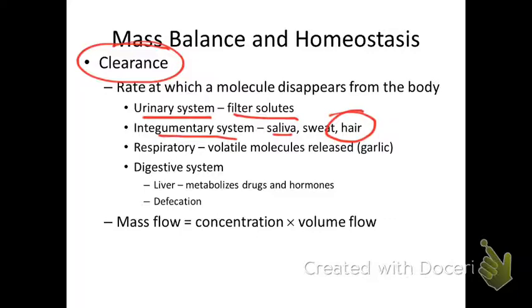So molecules are actually stored in your hair, and as your hair grows out, those molecules are, quote, leaving your body. If you've ever had a big garlicky meal, you know that you can smell that garlic because that garlic is literally being released through your breath. And defecation and the breakdown of things in the liver is also contributing to the clearance of molecules from your body.